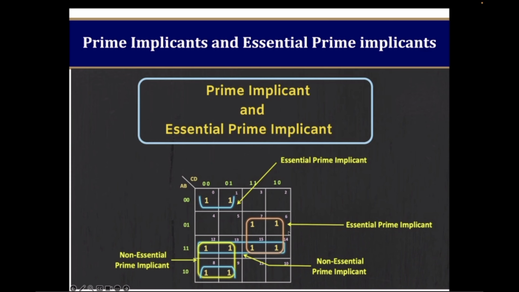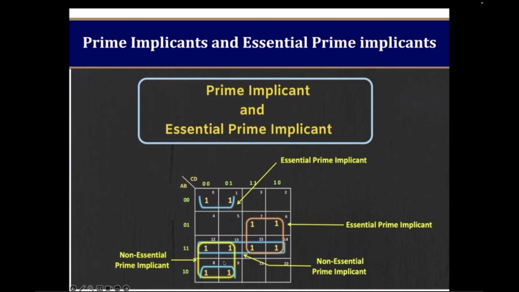So in our final expression, since we have two options, both of them are trying to cover the same group of ones. After selecting the essential ones, we have to choose between these two non-essential ones.